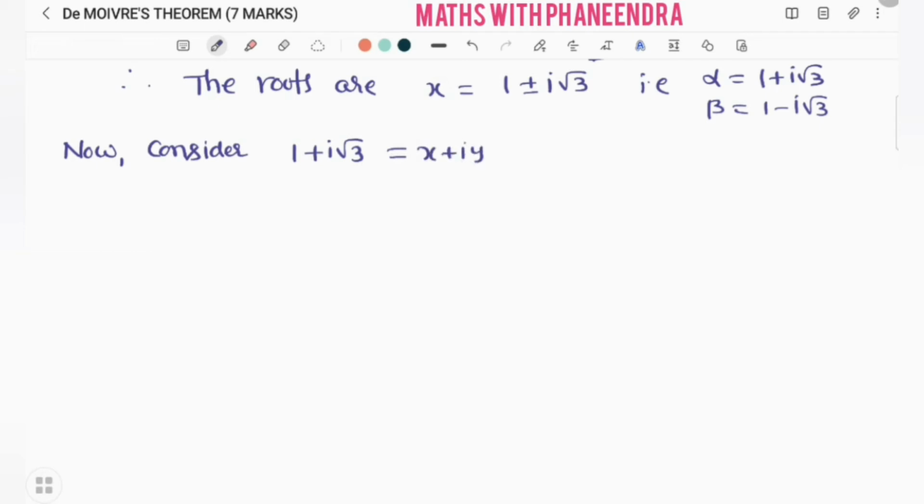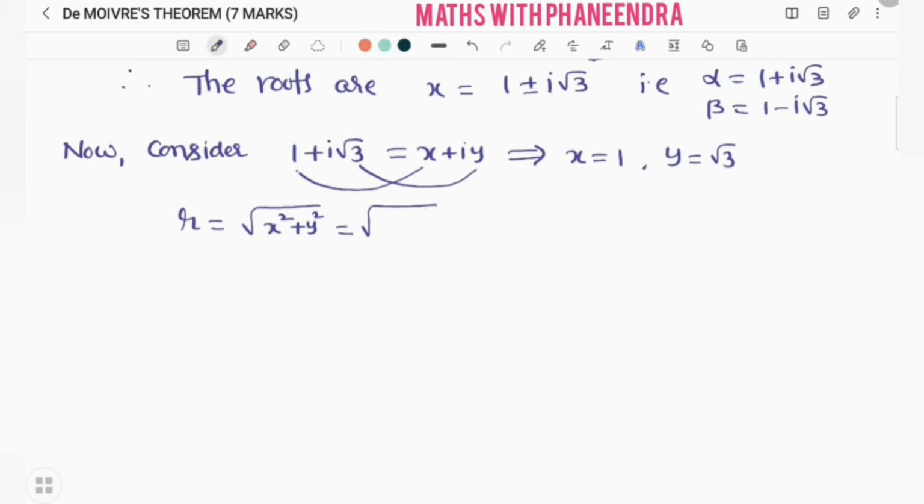So by comparing real and imaginary parts, x is equal to 1 and y is equal to root 3. To convert into the modulus amplitude form, we need to calculate the value of r, which is root of x square plus y square. So root of 1 square plus root 3 whole square is 3. So root 4, which is equal to 2.